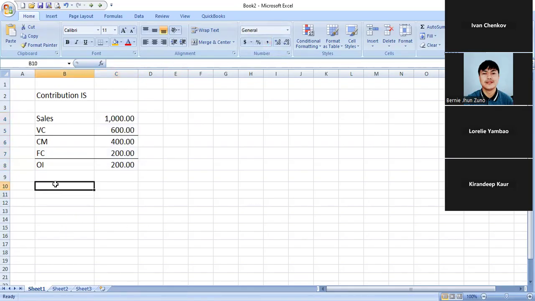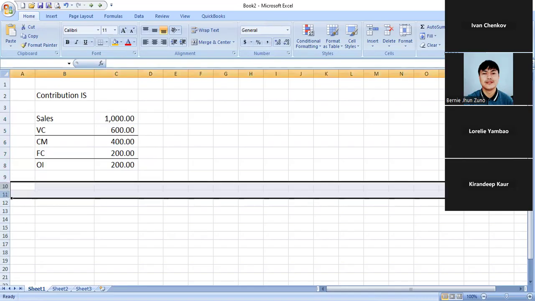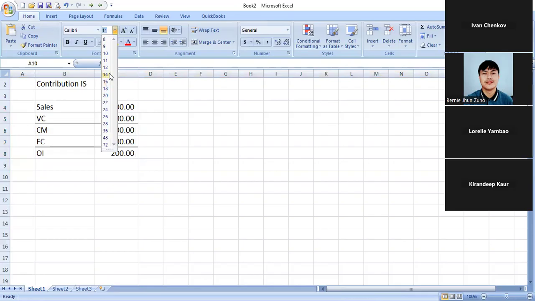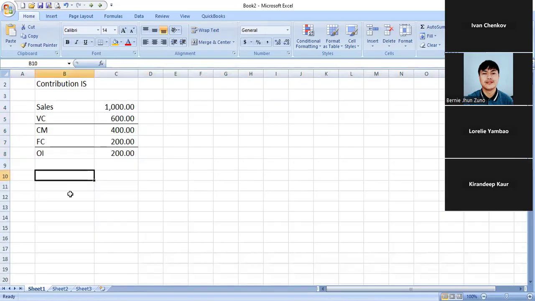Now, what we can see from here, let's do some formulas first. We can see that our profit, or operating income, how are we going to get my profit?